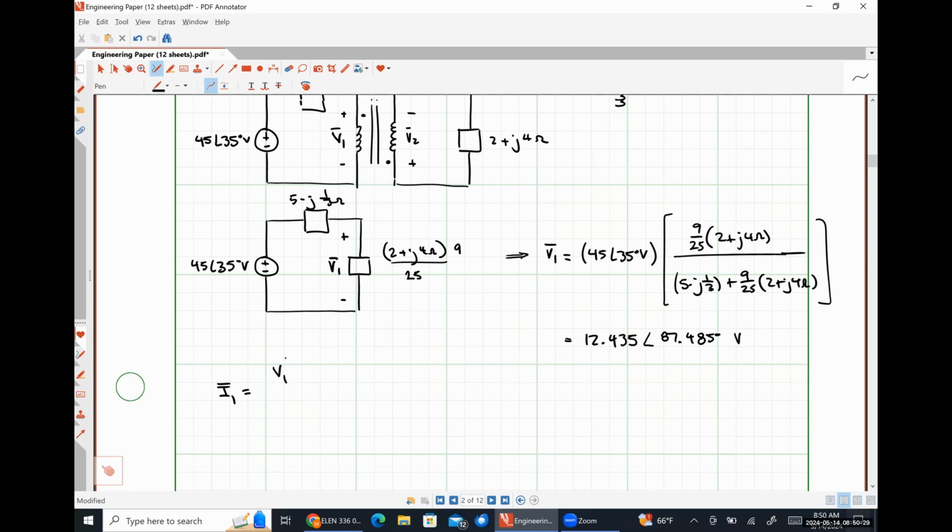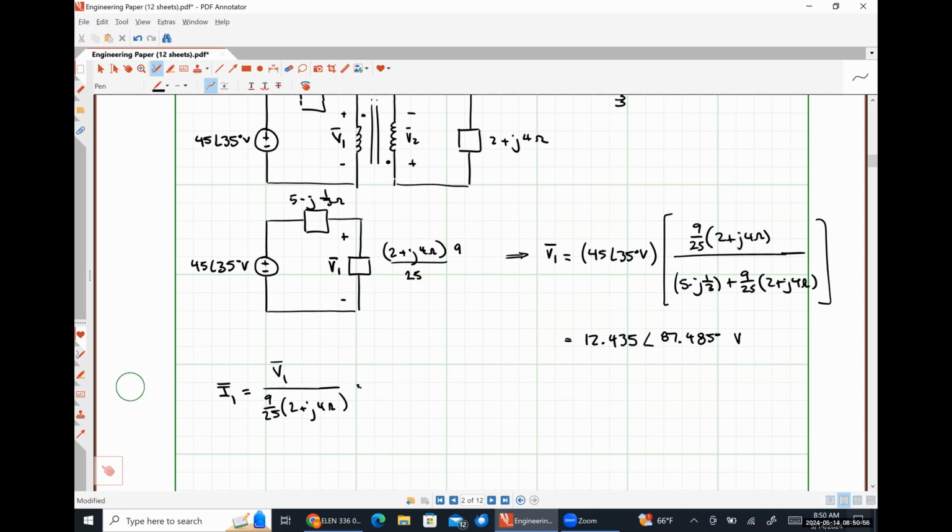So V1 divided by 9/25 times 2 plus j4 ohms. So the voltage drop divided by the impedance gives us the current. Absolutely right.